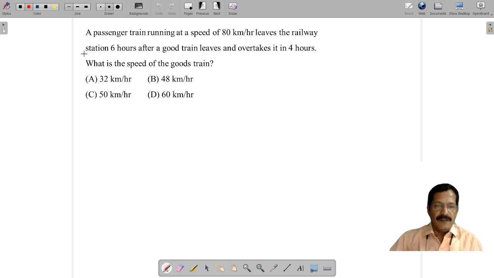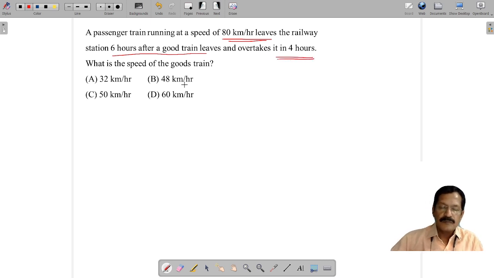Next, this is a different question. A passenger train running at a speed of 80 km per hour leaves the railway station 6 hours after a goods train leaves and overtakes it in 4 hours.